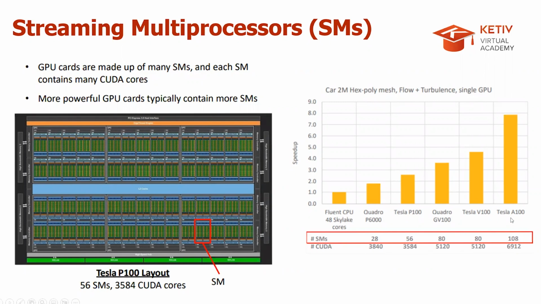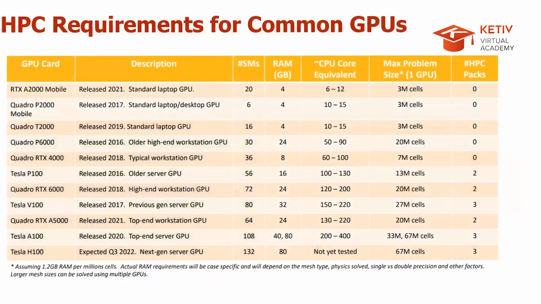So the Tesla A100 that we've talked about in a lot of examples has around 108 streaming multiprocessors, and in total 6,912 CUDA cores, making it one of the most powerful GPU cards that can be used for high-intensity, computationally demanding CFD simulations.